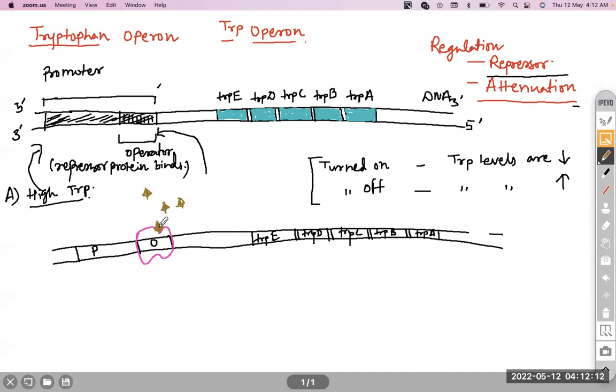Tryptophan is there. So TRP is bound to the repressor protein. TRP repressor. Active tryptophan repressor.